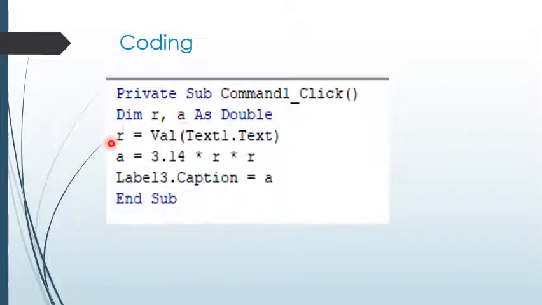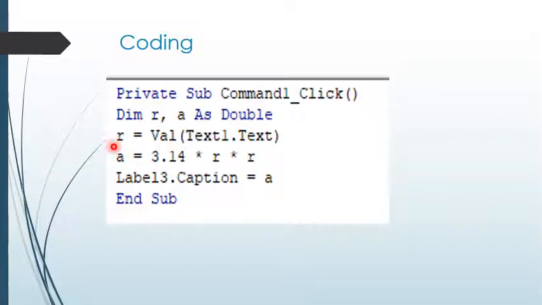From where are we going to get the radius? We are going to get the radius from the text box provided on our form. So we are taking the value of Text1.Text and storing that value in variable r.